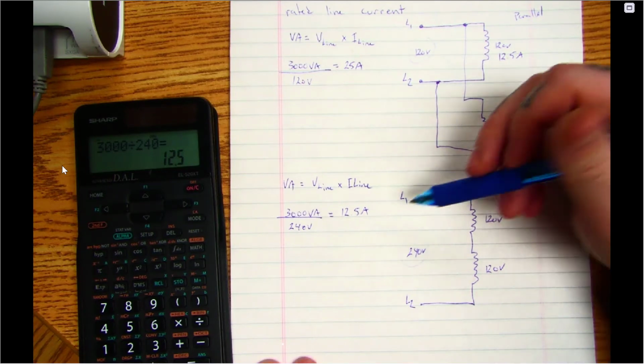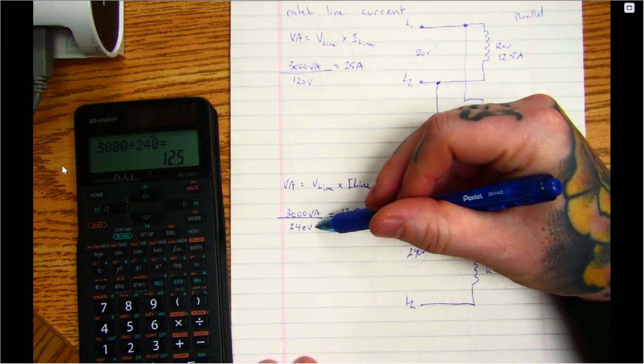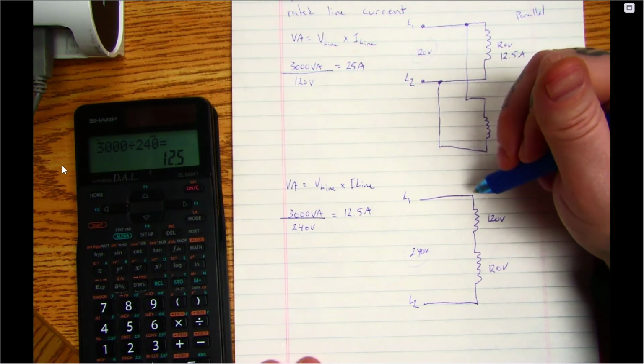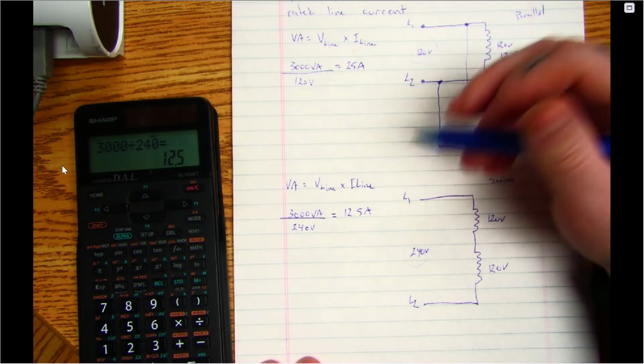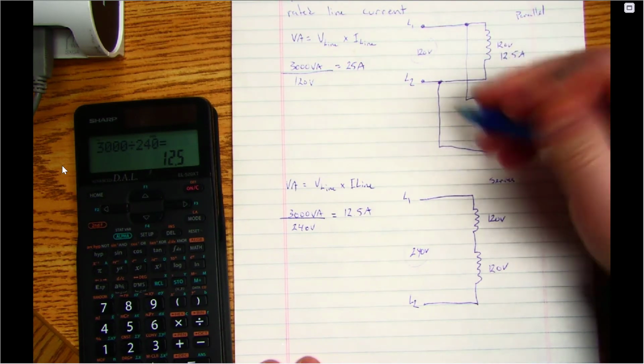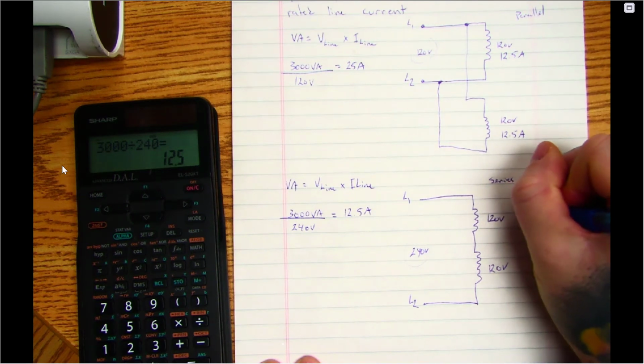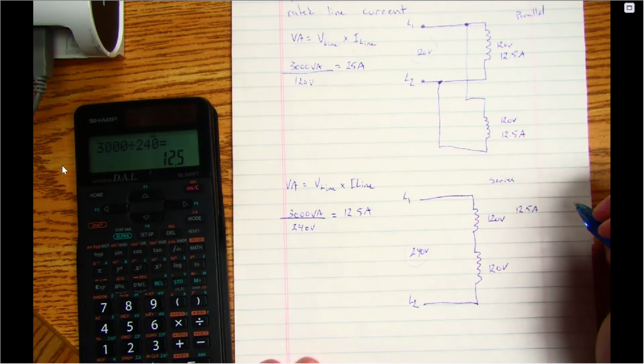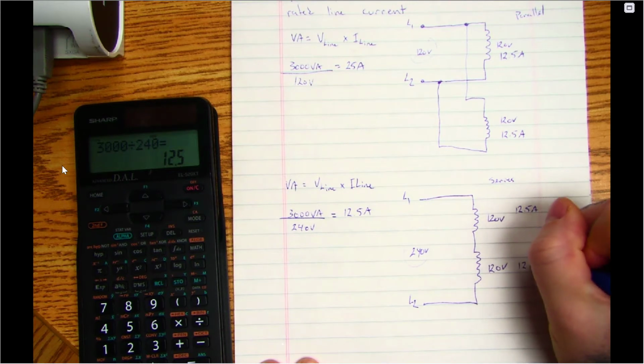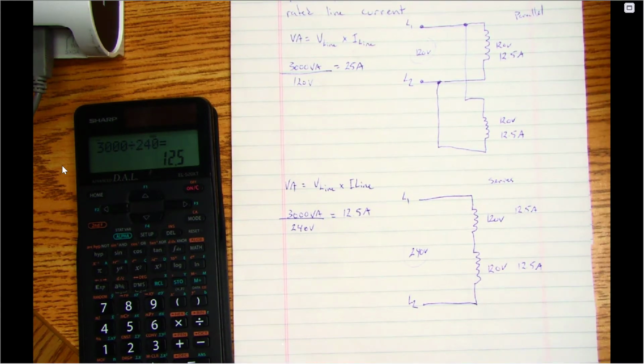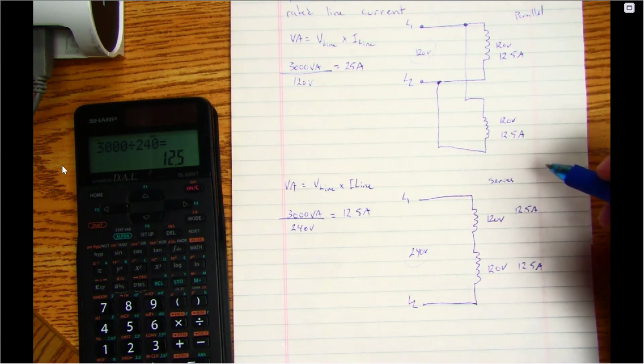I get 12.5 amps because my voltage is 240 now. So I know in series I would have the same current through each one, so I would still have 12.5 amps here and 12.5 amps here going through the same, because we have a series connection with our windings.